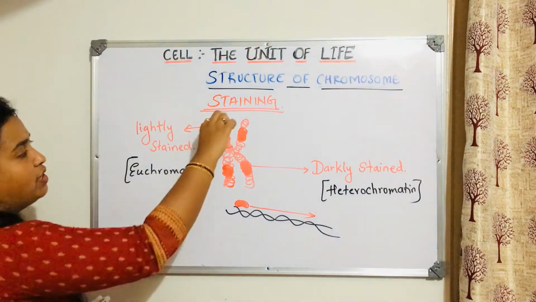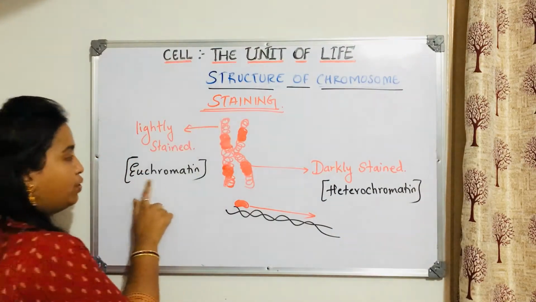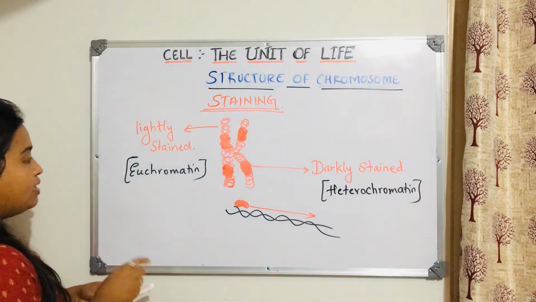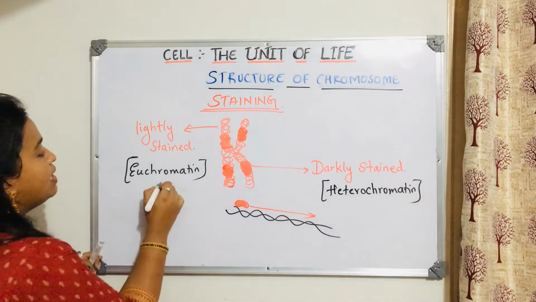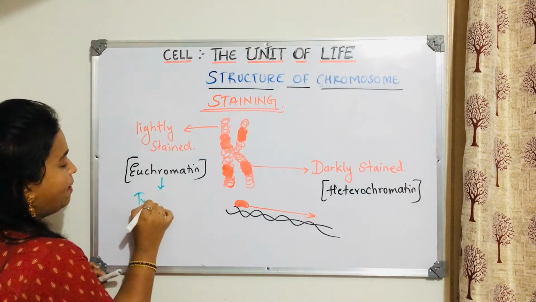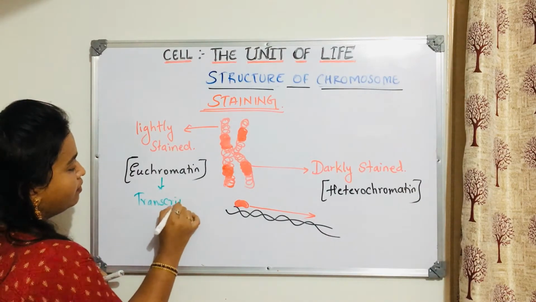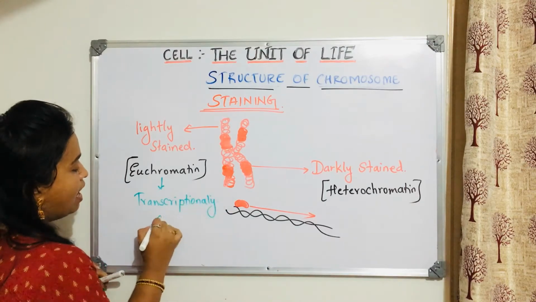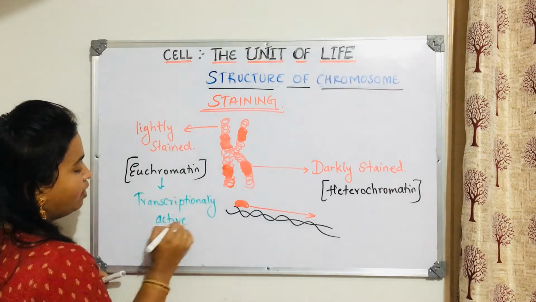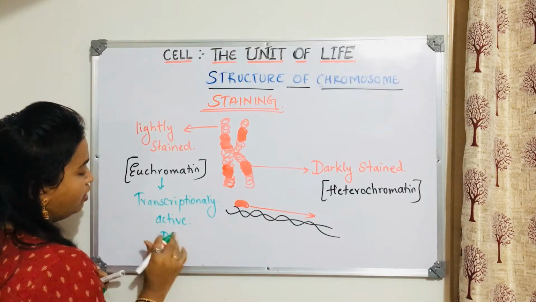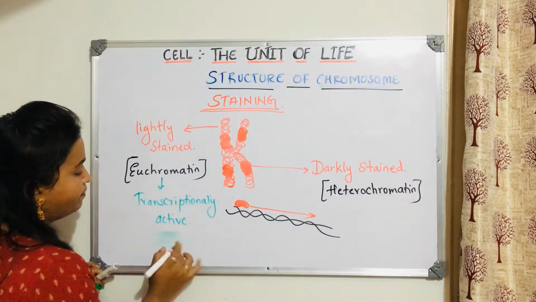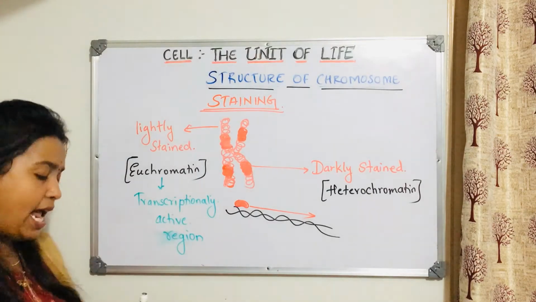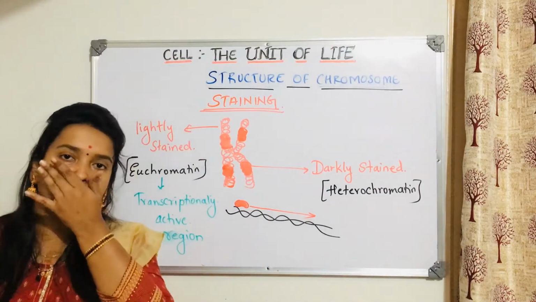So this region which is lightly stained, we call euchromatin. And the speciality of euchromatin is that it is transcriptionally active DNA, an active region in a chromosome.